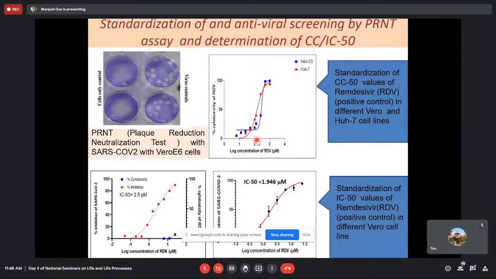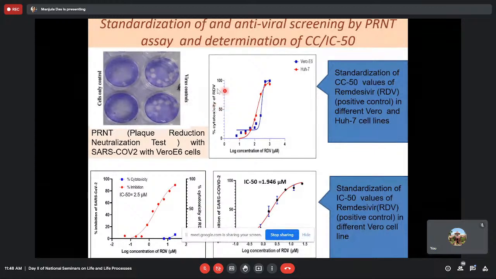On the in vitro platform, we standardized the antiviral screening by PRNT assay, a plaque reduction neutralization test, with SARS-CoV-2 infected Vero cells. When you grow only the cells, the Vero E6 cells grow like a mat. When the virus enters the cells, it forms plaques, which you can see here.